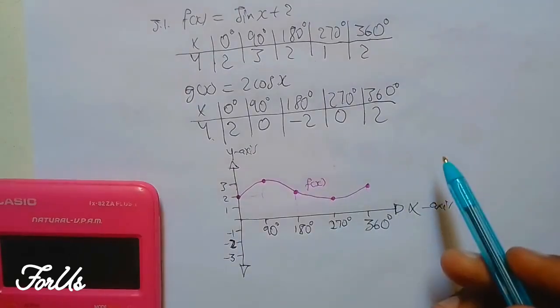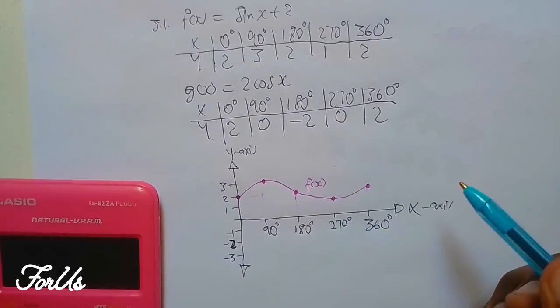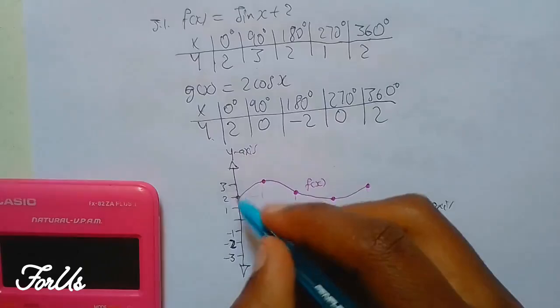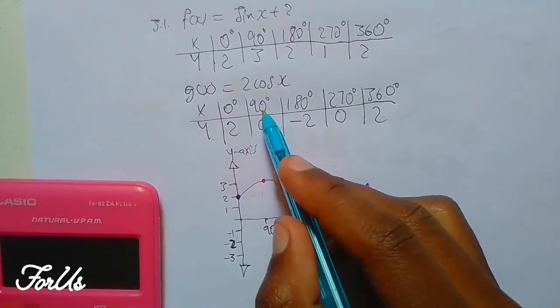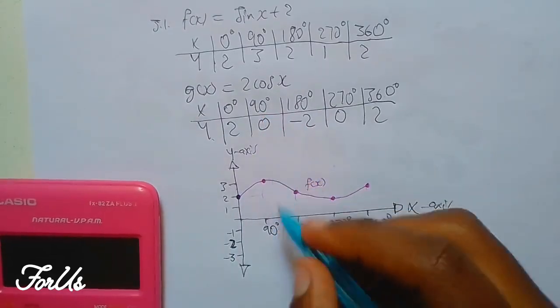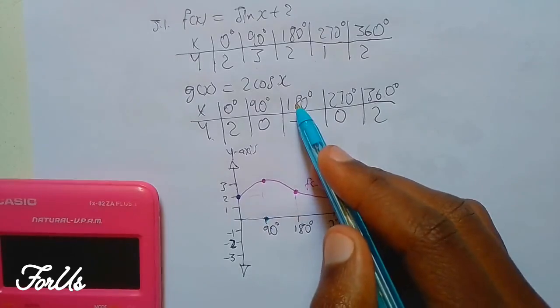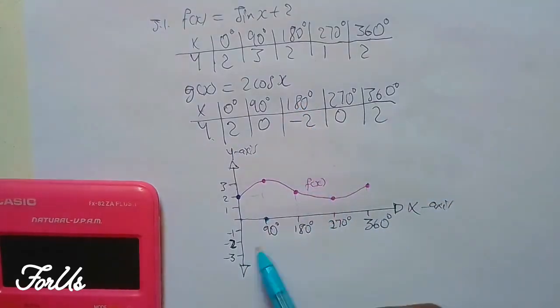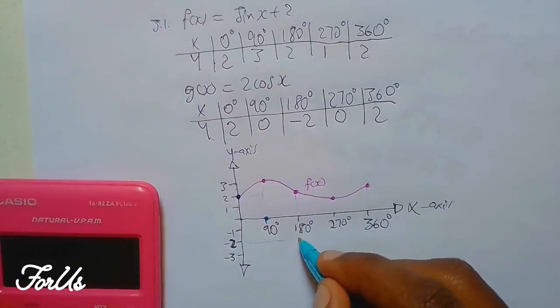For g of x, we're going to start with this point, which is 0 degrees and 2. And again, we have a point here too. Then 90, the y is 0. Then 180, the y is -2. This 180, -2 is here, somewhere there.